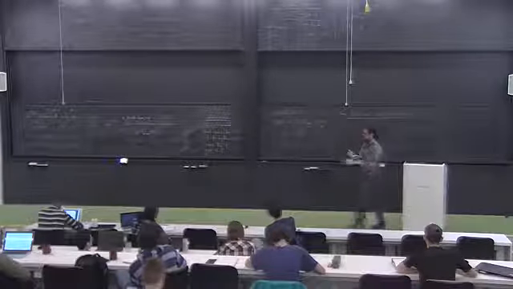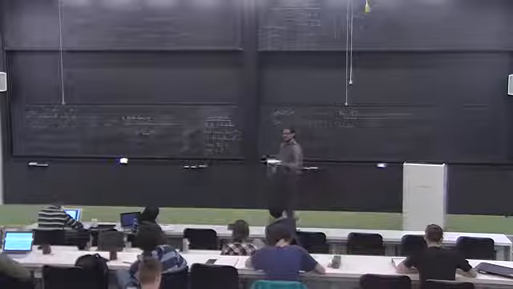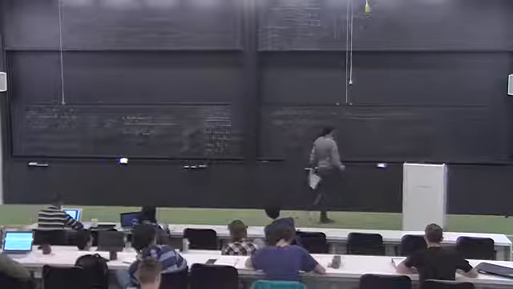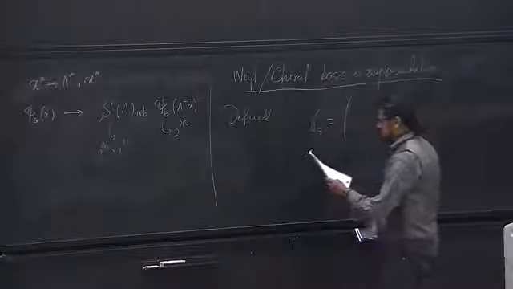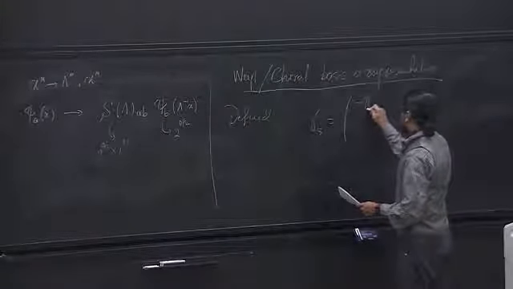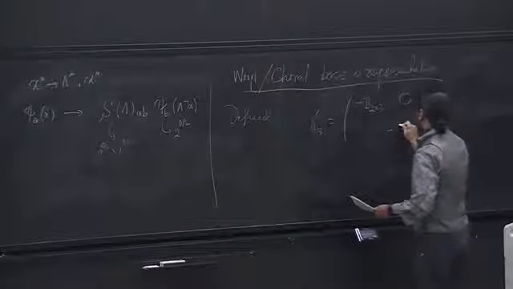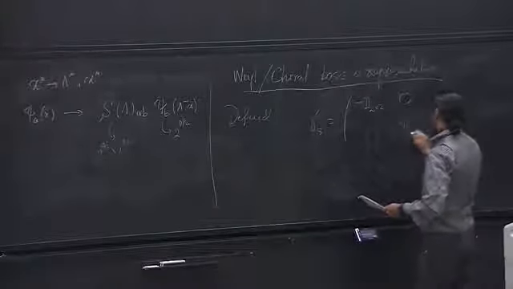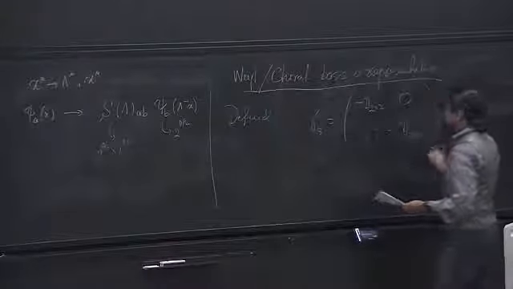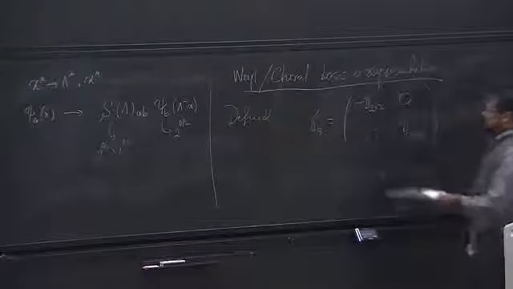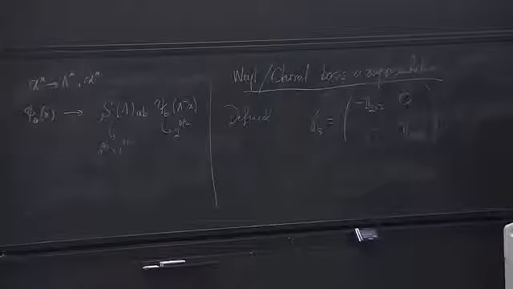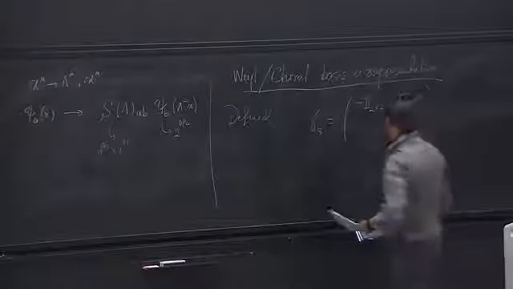So you can always do a similarity transformation and change your matrices, but in some basis, your gamma 5 will have this form. So in terms of 2 by 2 matrices, right? And the basis in which gamma 5 has this form is known as the chiral basis or the Weyl basis.